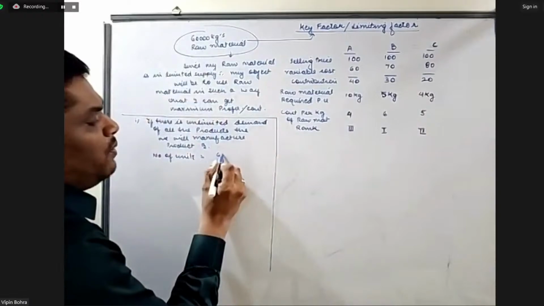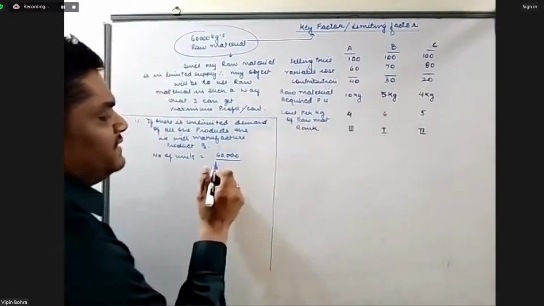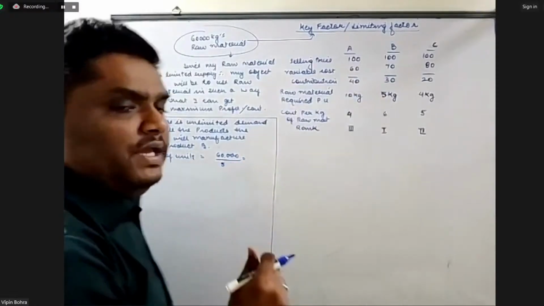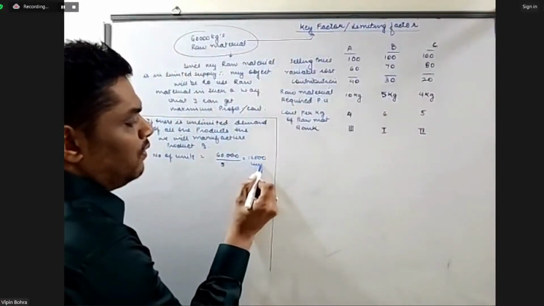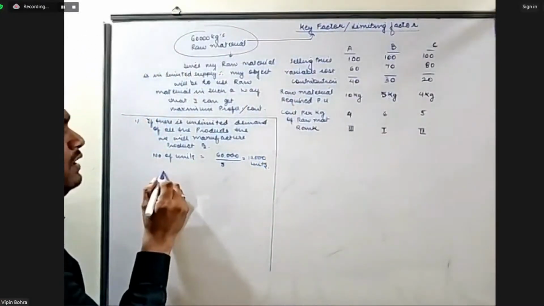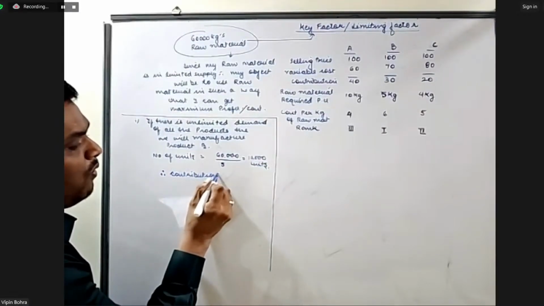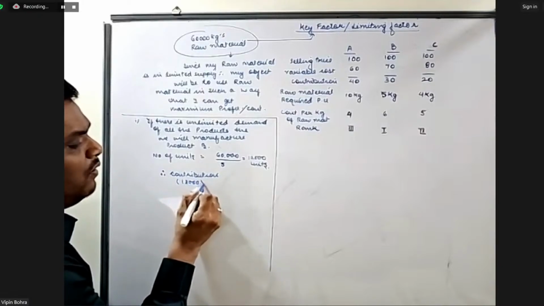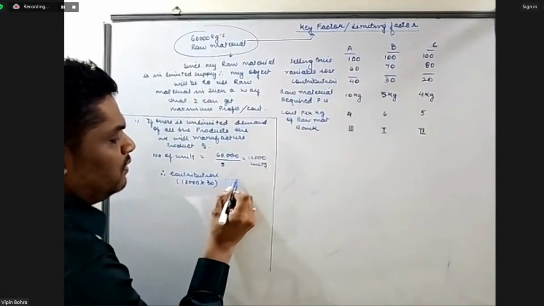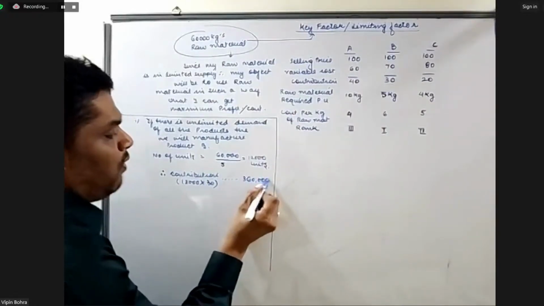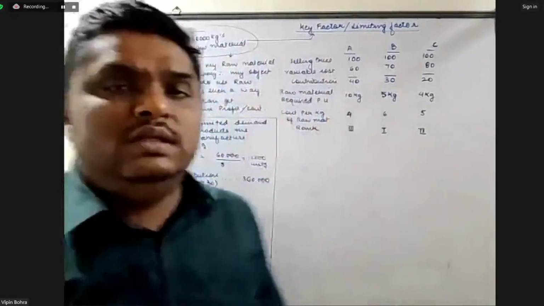See, 60,000 is the raw material that is available, divided by 1 unit requiring 5 kgs. So how many units can we manufacture? We can manufacture 12,000 units of product B. Therefore, my contribution will be 12,000 units into per unit I am earning 30 rupees. So this will be 3,60,000. This is the highest contribution I will earn with the 60,000 kgs of raw material.